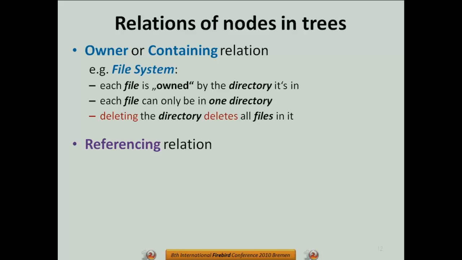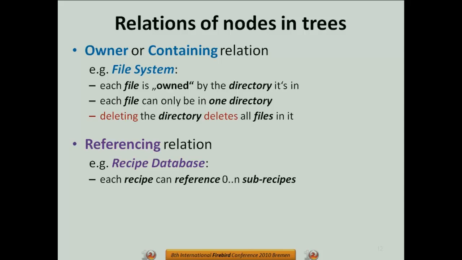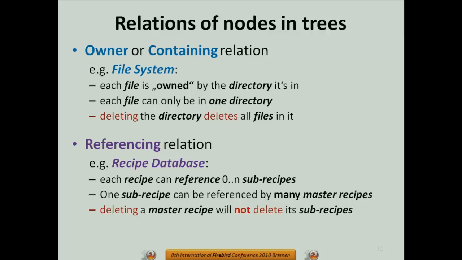Now, opposed to that, you can also have referencing relations. And actually, in databases, I've come across more referencing relations than containing relations. Which means, for instance, in our classical recipe database, you can make a recipe consisting of several sub-recipes. We'll see that in an example later on. So each recipe can be made of any amount of sub-recipes, but any of those sub-recipes can at the same time be part of other recipes, because they're only referenced and not contained.